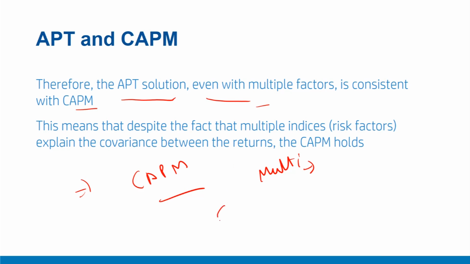That means CAPM is consistent with APT even when the return generating process is one with multi-indices. To summarize, in this video, we examined whether CAPM and APT are consistent in the presence of multi-index generating process. We found that CAPM and APT can remain consistent with each other even in the presence of multi-index generating process.